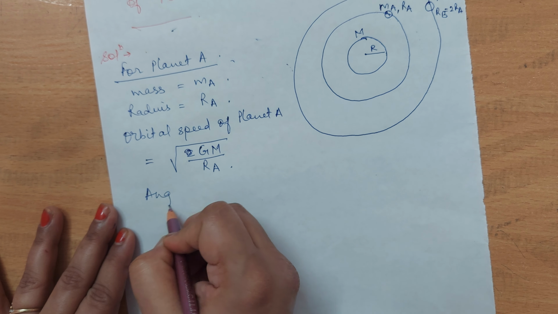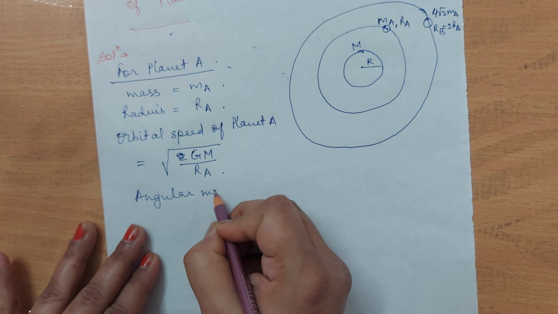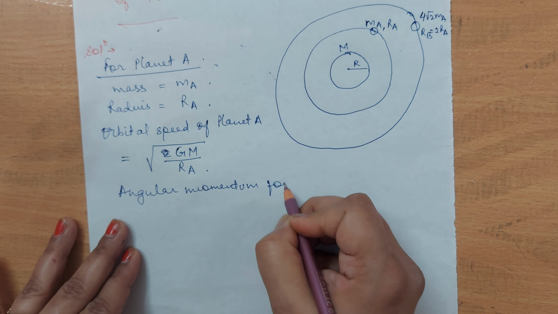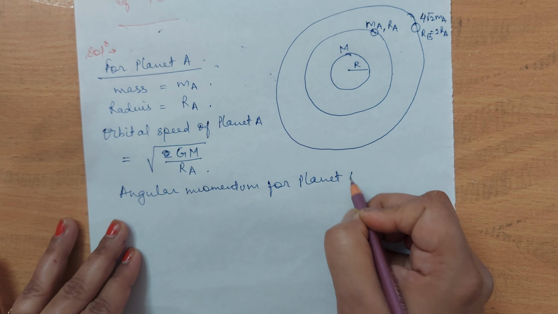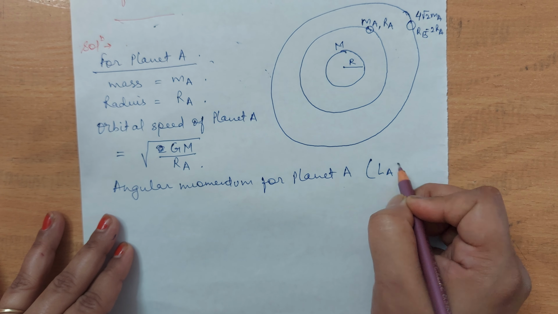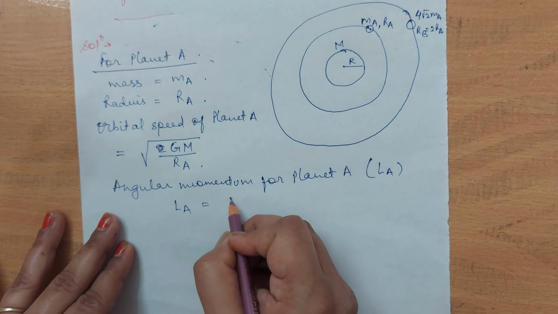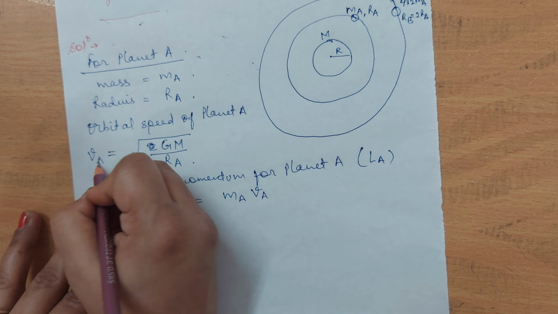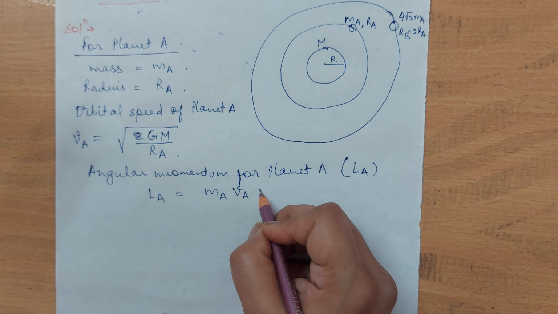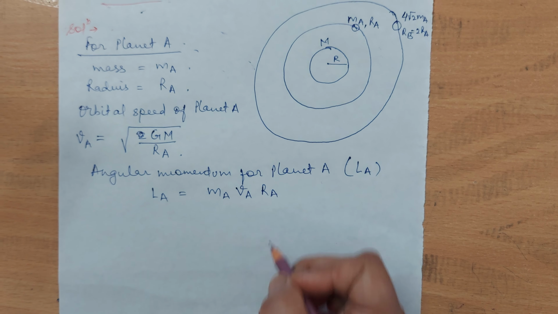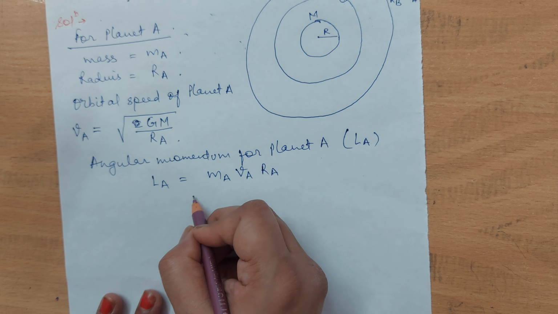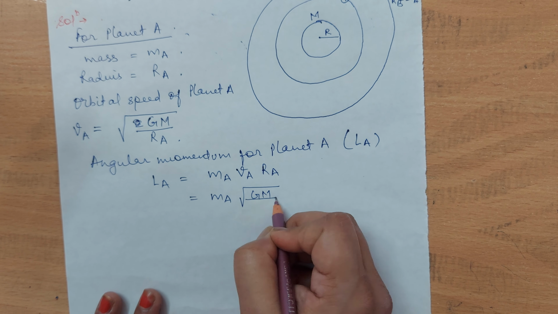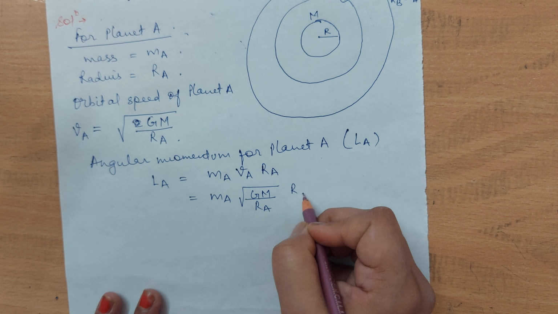Then angular momentum for planet A, if we represent it by La, then La is equal to Ma Va Ra. Va represents the orbital speed of planet A, and Ra represents the radius of planet A. So we have Ma root under GM by Ra and Ra.